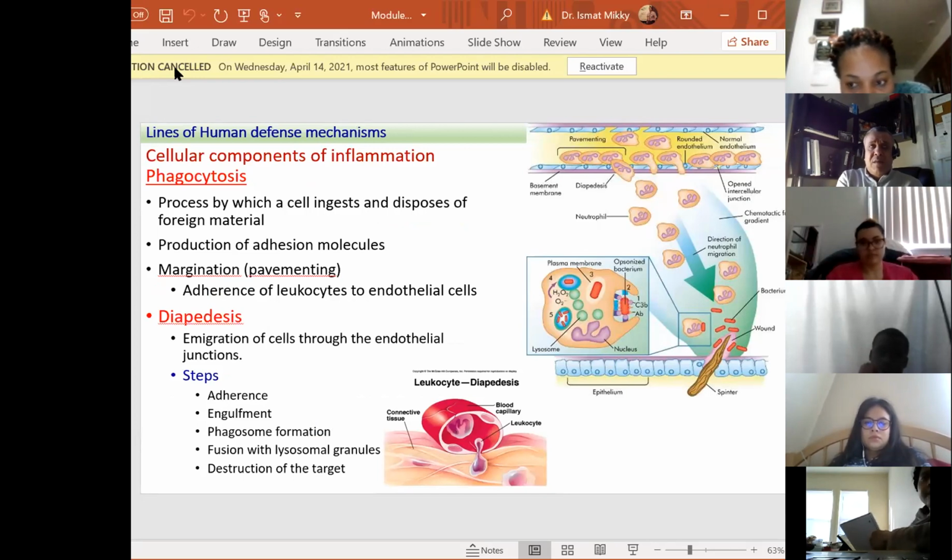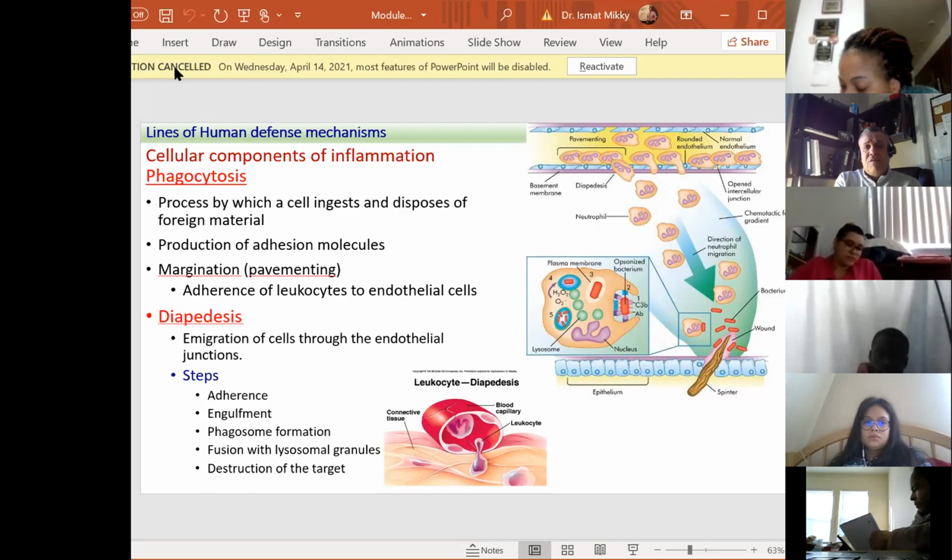That's the cellular component of the inflammation, in which the neutrophils will be attracted from the bloodstream to migrate or travel to the area of inflammation.